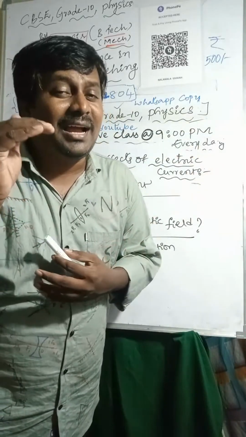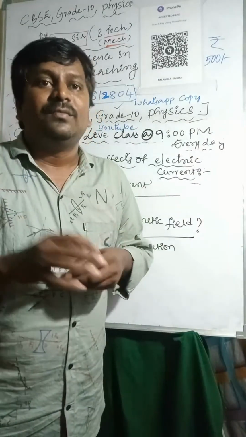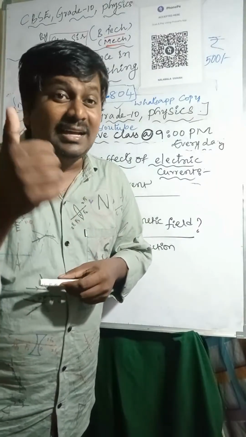Then how can we identify the magnetic field direction? Which rule will we use? We will use the right hand thumb rule.